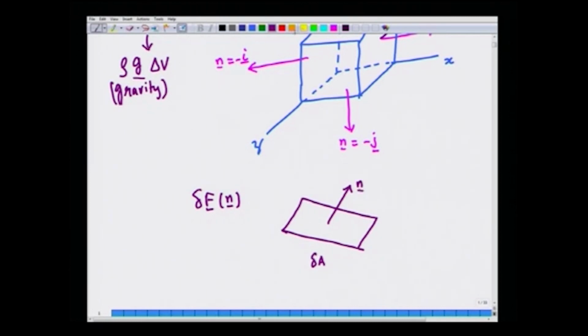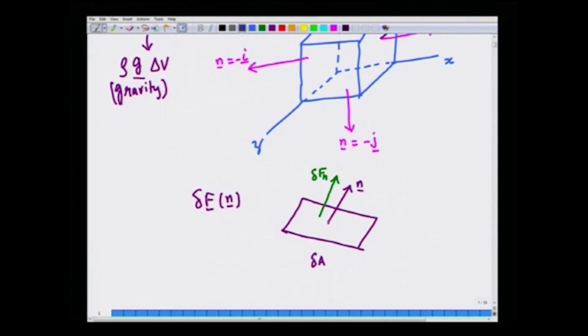Okay. There can be two contributions to the forces. One is the direction along the normal, those are called the normal forces, and then there are two tangential directions to this surface. So, there will be two components along the direction of the tangent.